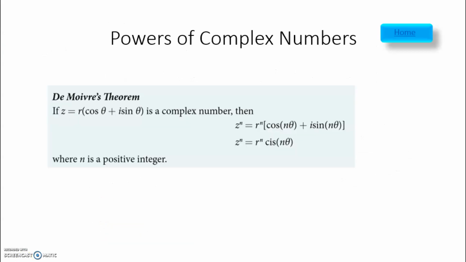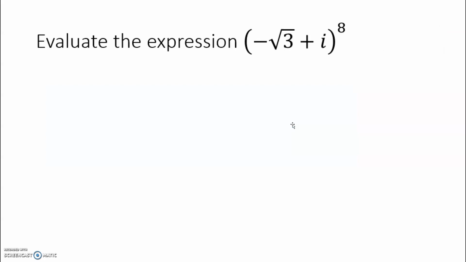Okay, next we want to look at the powers of complex numbers. So if I want to take this complex number and raise it to a power, how would that work out? If I take my complex number and raise it to n, I will take my modulus and raise it to n, but I will take that n and multiply it by the argument, or that angle. Okay, so if we look at number 1, there's your complex number.